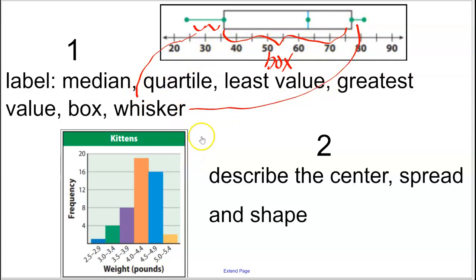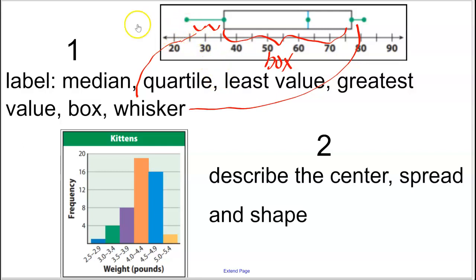The other easy thing is the least value. Which one's the least value? This one right here. Here's 20, there's 30, here's 25, so the least value is about 24. So the least value would be here.